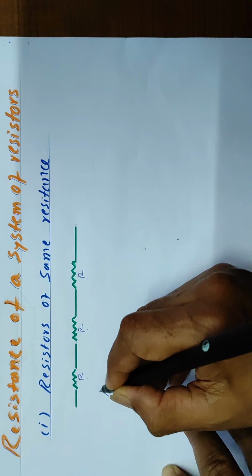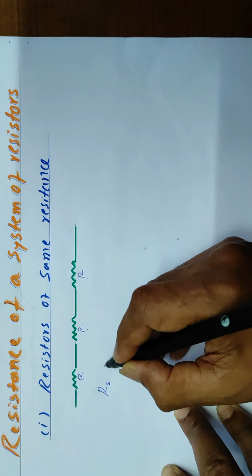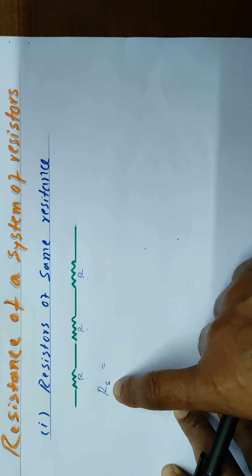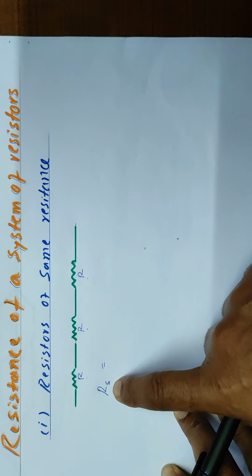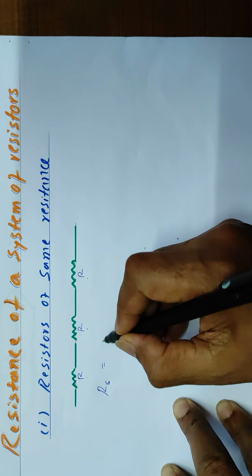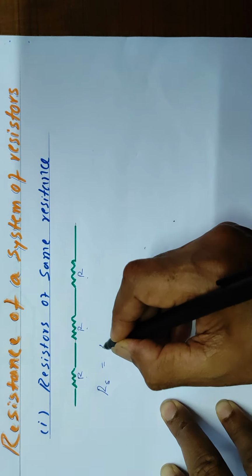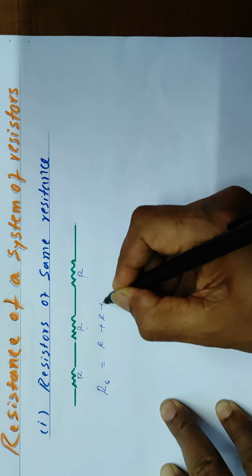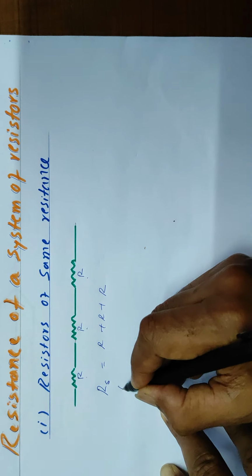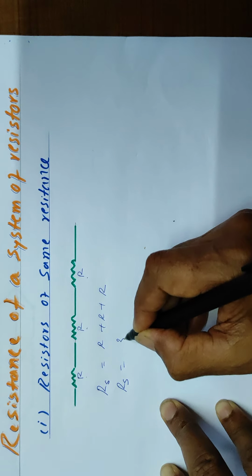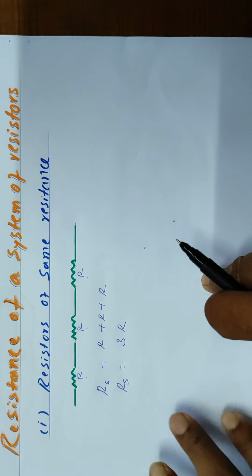Very simple. RS, the equivalent resistance of the series combination, is equal to R plus R plus R. So RS is equal to 3R.